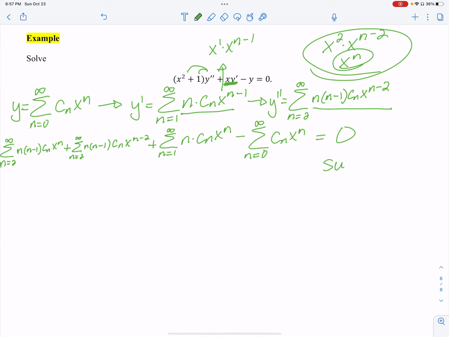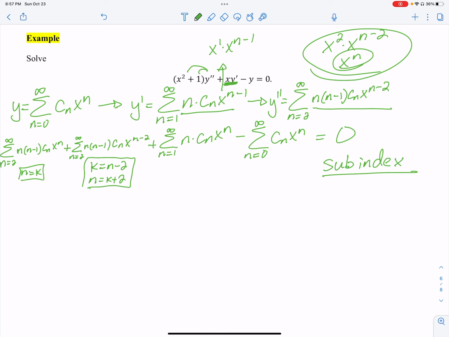This is the same as last time. We're going to sub our index to match our x^n's. So this one is k equals n, and this one is k equals n minus 2, which means n is k plus 2. We're just going to try to get x^k all the way across, and then the others are nice and easy: k equals n, and k equals n. The only thing we actually have to change is that second one; for the other ones we just change the n's to k's.